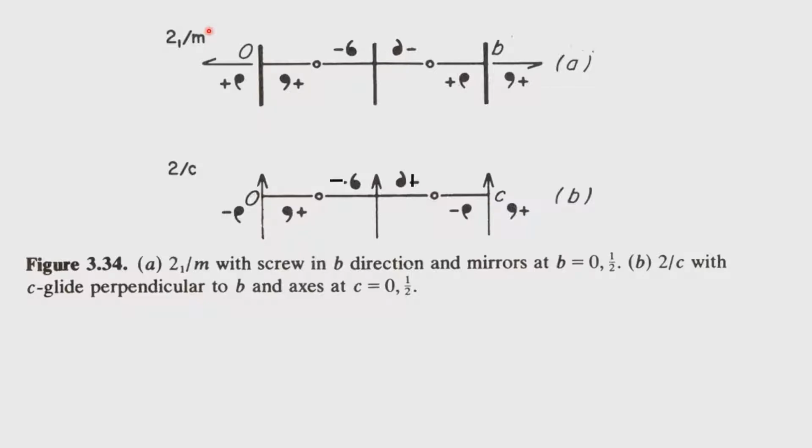So, the take home from this particular slide is whenever you have a non-translation involved symmetry element, that particular non-translation involved symmetry element for the fact that it is a centrosymmetric space group, because 2 1 by m will translate itself to a P 2 by m point group.